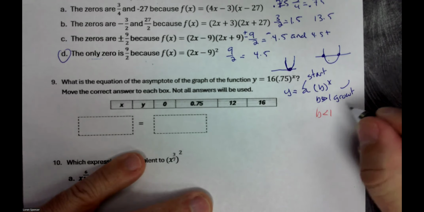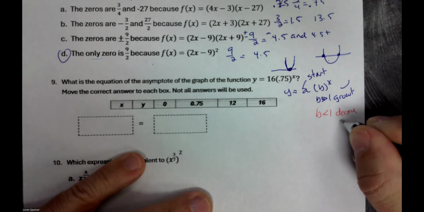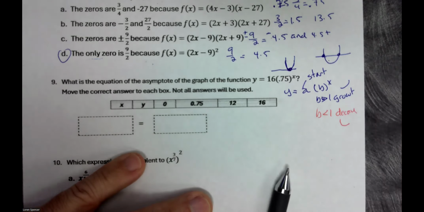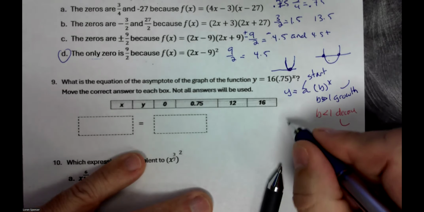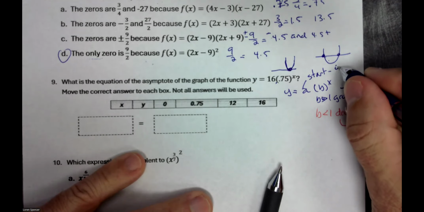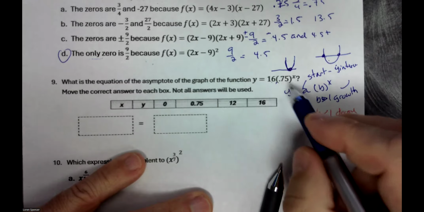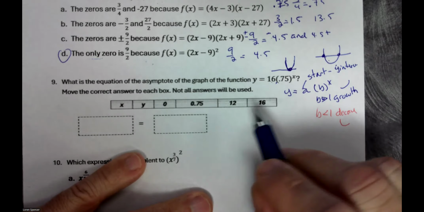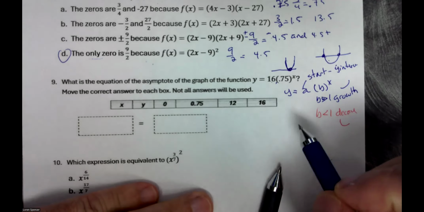B less than 1 is decay, which means the graph will go down. So in this case, our y-intercept, start, is 16, and we have decay, but what they ask is for the asymptote.